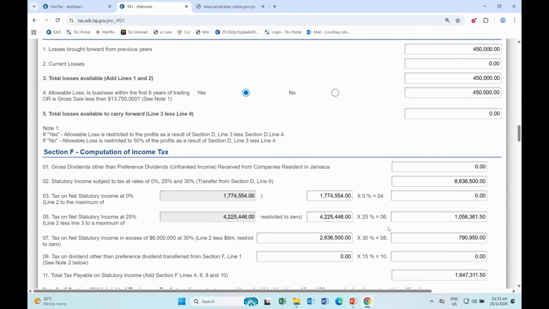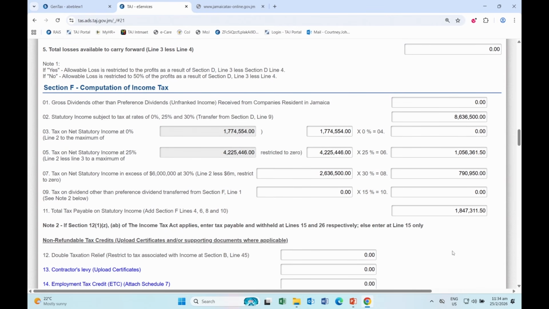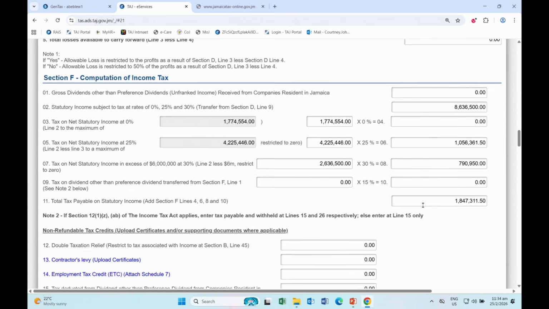So remember from Mr. Johnson's presentation, all income in excess of $6 million is taxed at 30%. So 30% of that 2.6 million is $790,950. Now when we total the amounts for his tax due, it's $1,847,311.50.